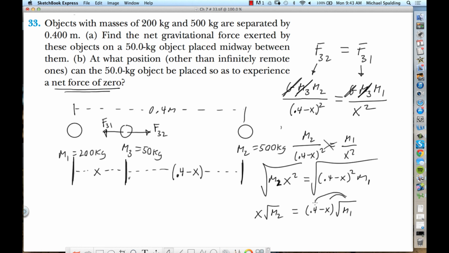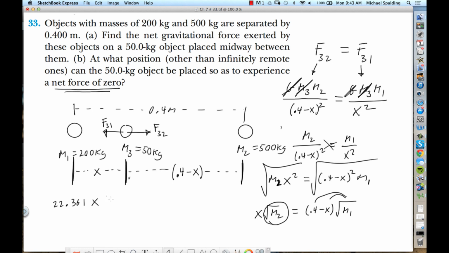So usually I tell you guys don't plug numbers in till the end. I think it's actually easier to plug numbers in here. When you plug numbers in, okay, so I'm now going to come over here. When you plug numbers in, you're going to get 22.361x. The 22.361 is the square root of M2, square root of 500.